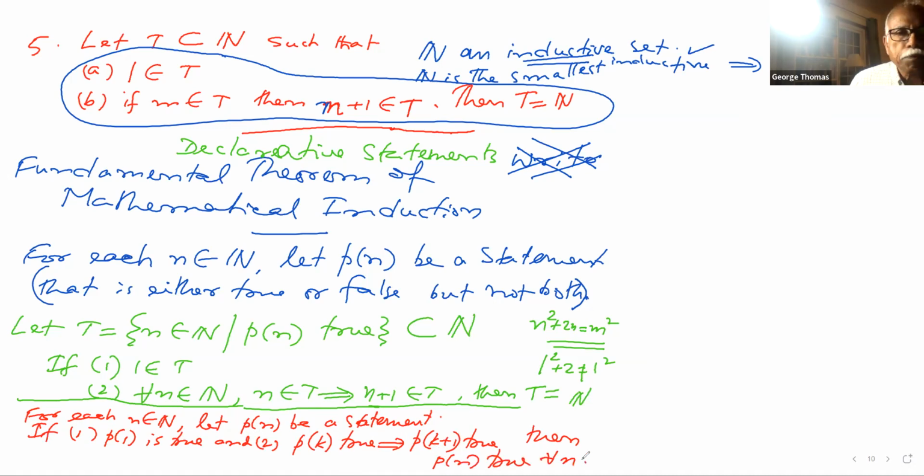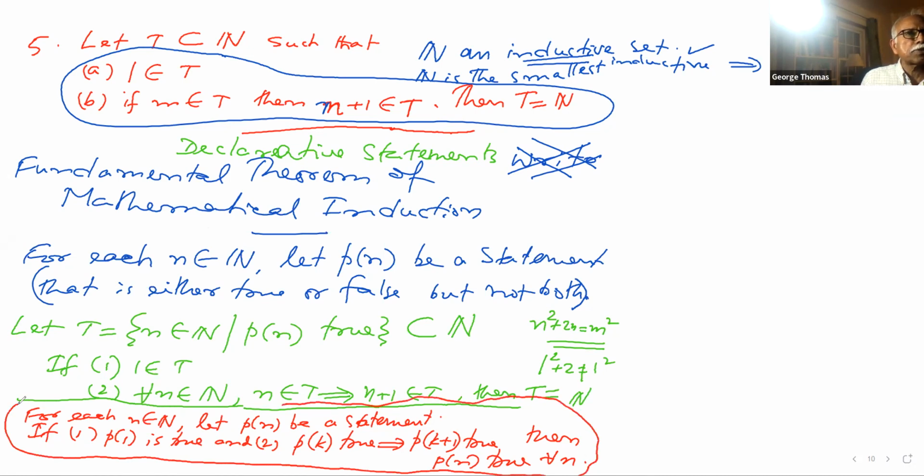There is the principle of mathematical induction that the public knows. Peano axiom, fundamental theorem, and then the method or principle of mathematical induction that the public uses.